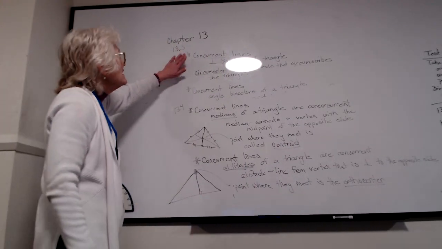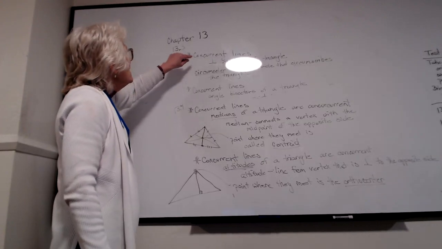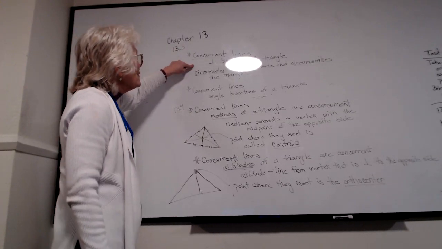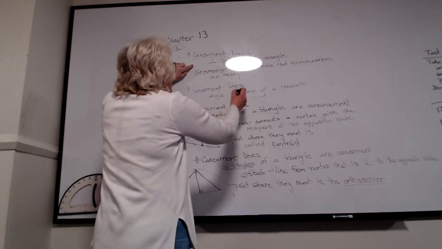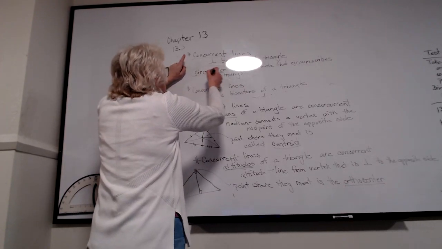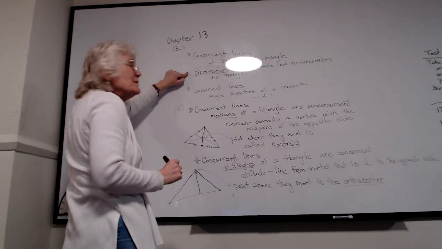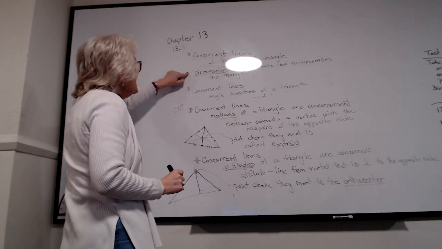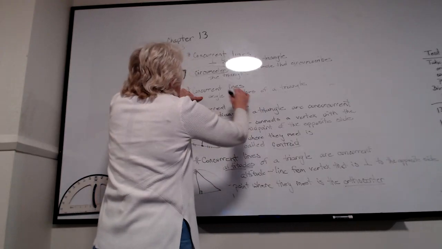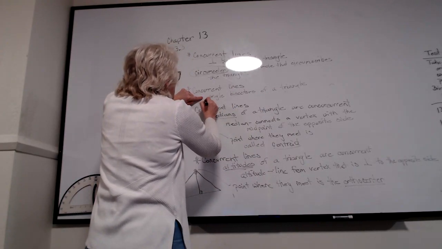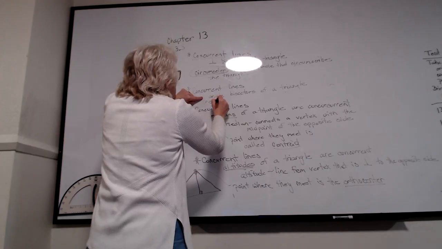So when we're looking at this, the perpendicular bisectors of the triangles, we have a circumcenter, that's the name of where they meet, okay? If you're doing the angle bisector, where they meet is called the incenter.